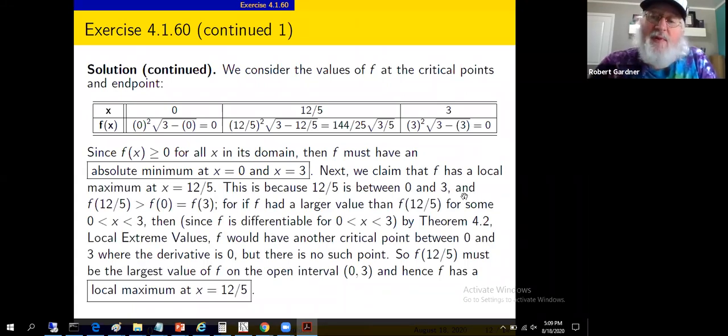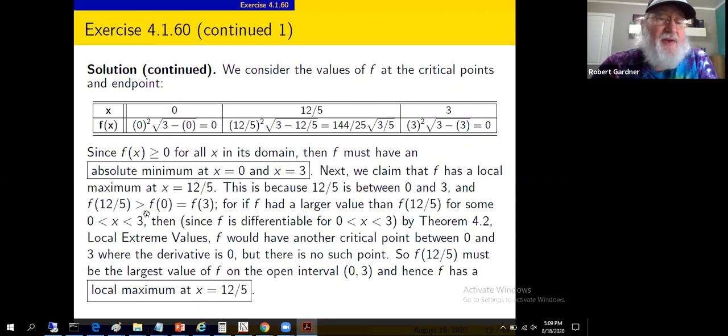I'm claiming, and we got a local maximum at 12/5. This thing is a local maximum. All right, I got some explaining to do on why that's the case. I say, well, 12/5 is between 0 and 3.